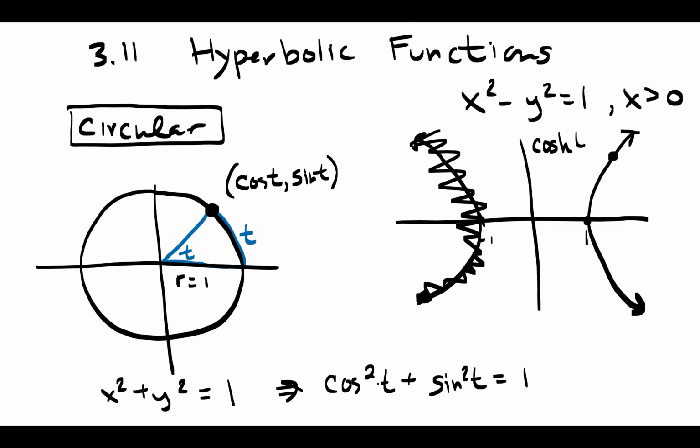Okay, so let's define. This guy is going to be COS with an H after it. So it's cosh. And then sinh. Instead of saying "sine-aitch," we normally just say "cinch."